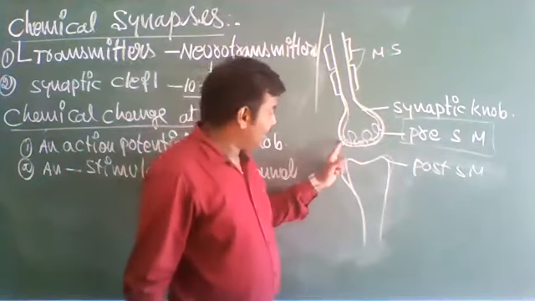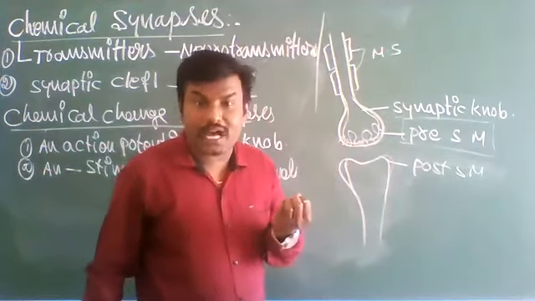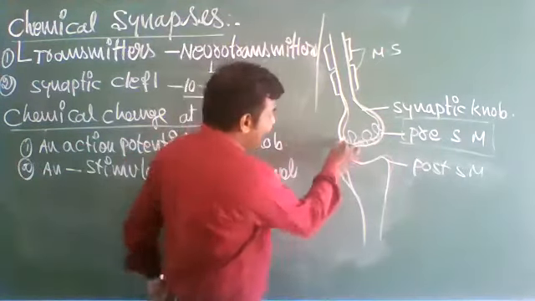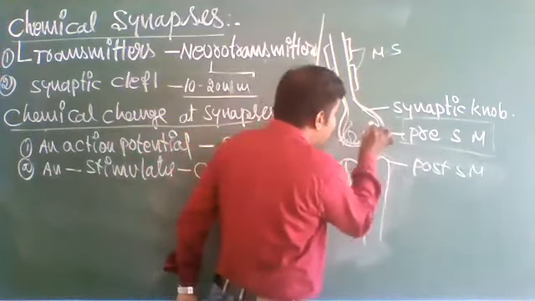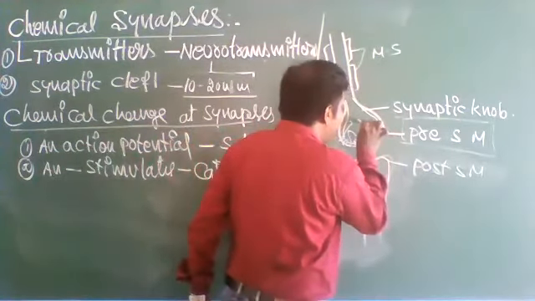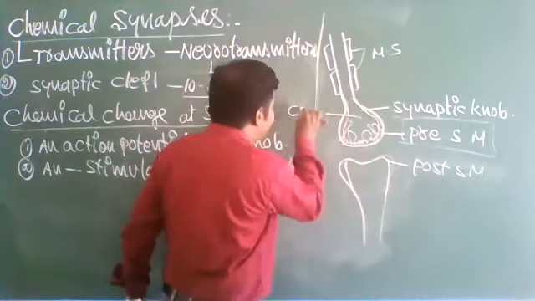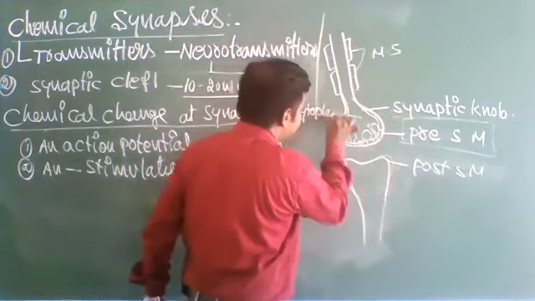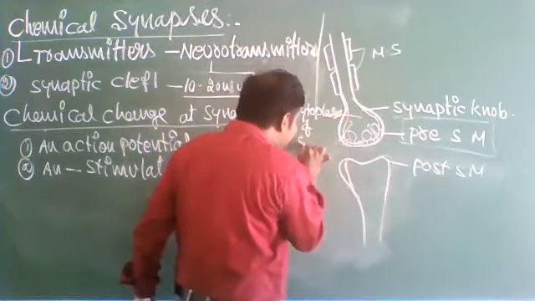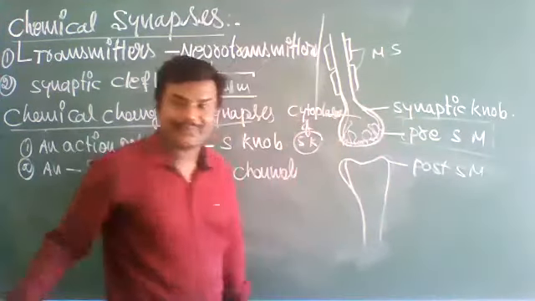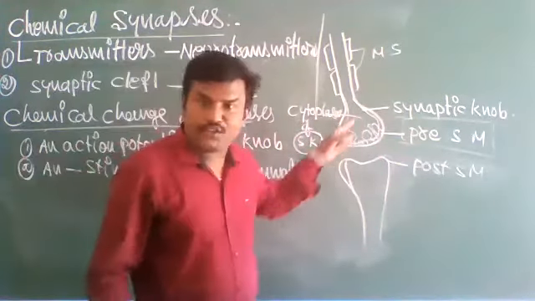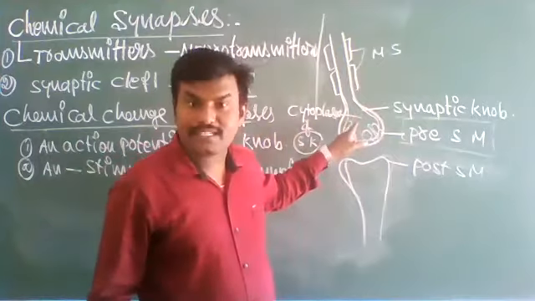So when calcium ion channels are open, these calcium ions diffuse into the cytoplasm of the synaptic knob.